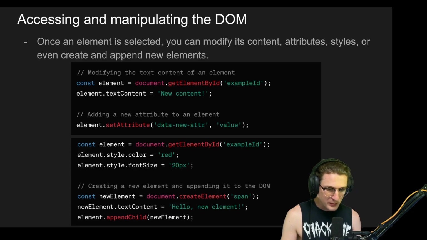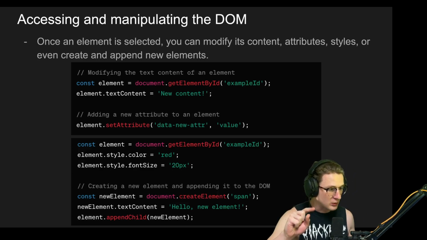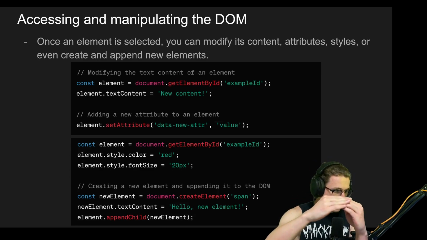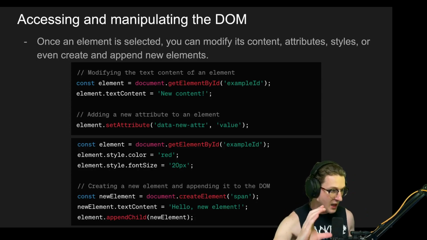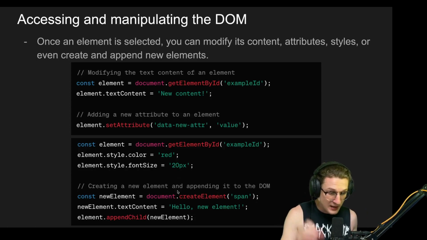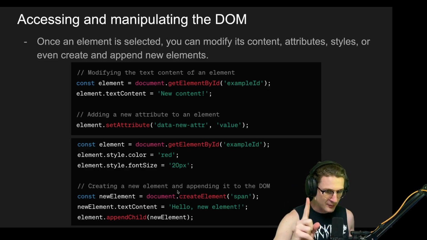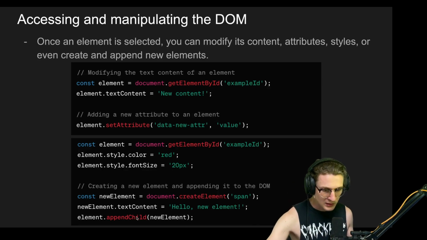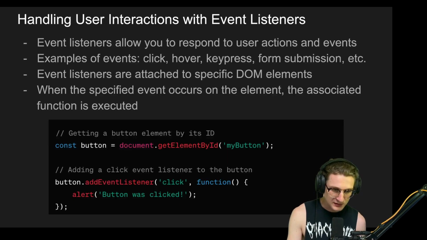Like for example, maybe you have a hamburger menu or something where you click a button and it needs to open up and fill with items, right? This is where you might create a new element. You might target that element and appendChild inside of it and add menu items inside of your menu. So that's an example of how you might use this kind of stuff.